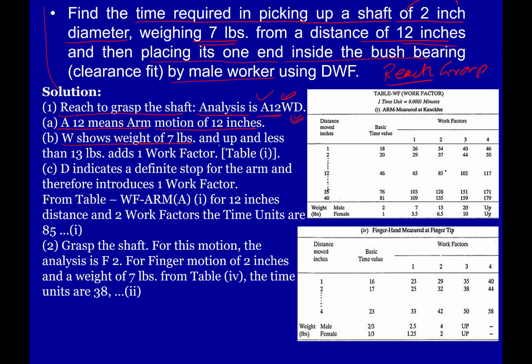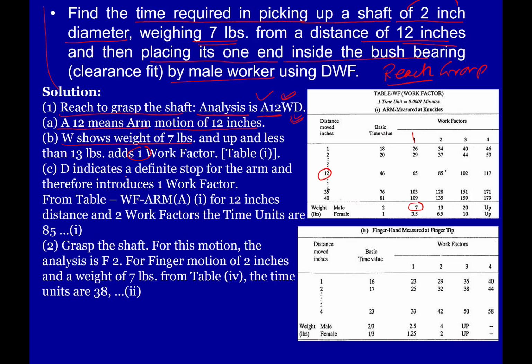7 pounds is up to 13 pounds, so it will fall in work factor category 1. You have seen that if the weight is up to 7, it will fall in category 1. So this is work factor 1, and the distance traveled is 12. But at the same time the arm has to stop at a definite point.